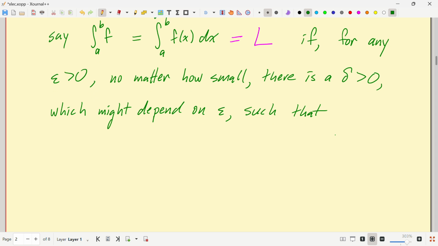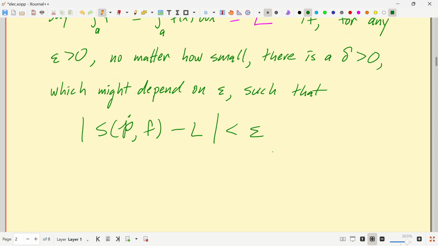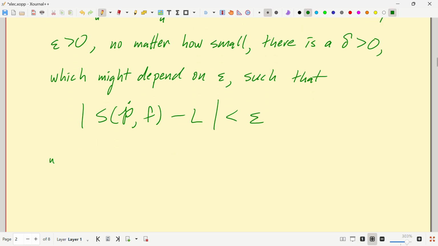the Riemann sum S for a tagged partition P dot, of f, minus L is less than epsilon whenever the mesh of that partition is less than delta.